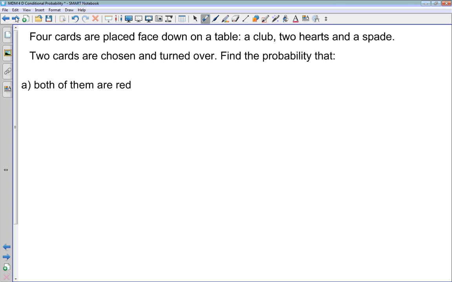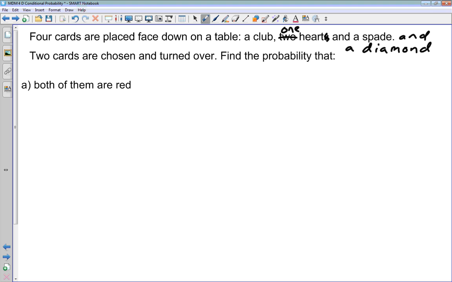Instead of 2 hearts, let's say we've got 1 heart, a spade, and a diamond. So basically we've got 1 of each suit here. 1 heart, 1 club, 1 spade, and 1 diamond. We are going to pick 2 cards and turn them over. Pick 1 card, then pick another card. Find the probability that both of them are red.